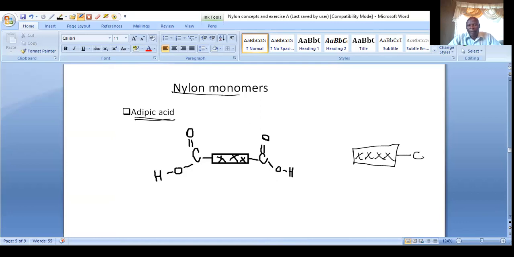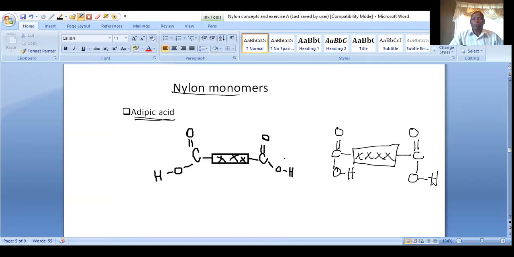But at the end here, it's going to have the carboxylic functional group, which is oxygen linked to hydrogen, as well as the carbon linked by 2 bonds to oxygen, and then you have oxygen linked to the hydroxyl group.